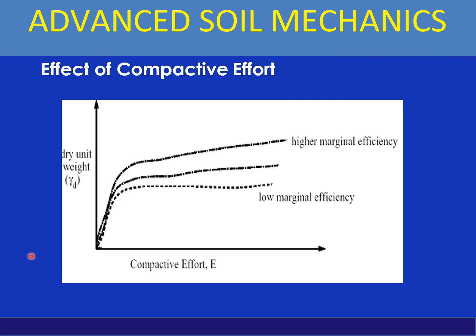So here graphically you can see that with the increase of compactive effort, the dry unit weight is going to increase. So here this curve is meant for high marginal efficiency, low marginal efficiency, and here the moderate.